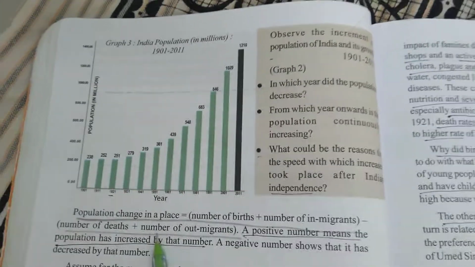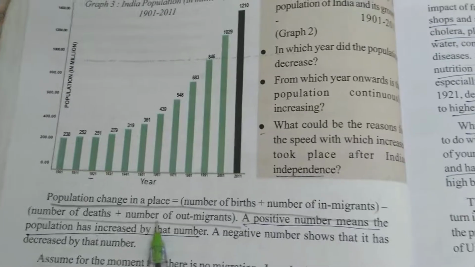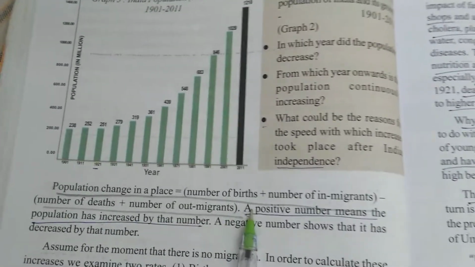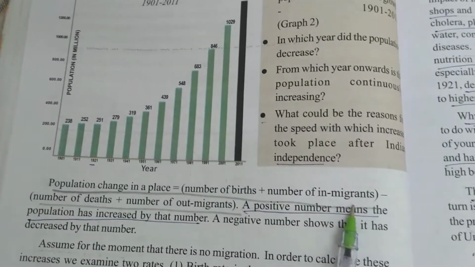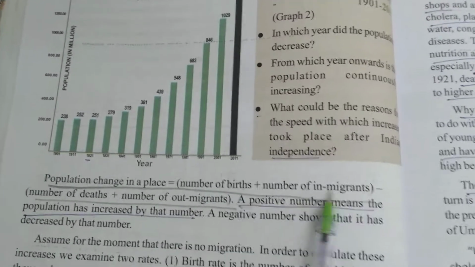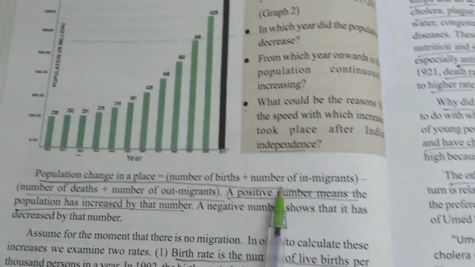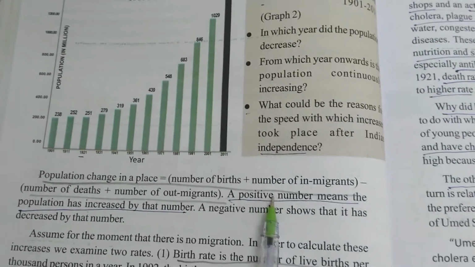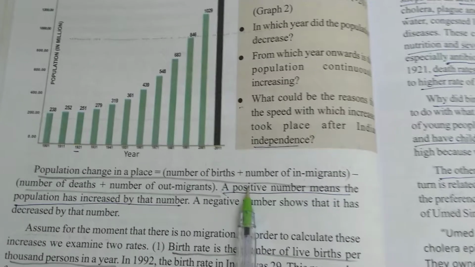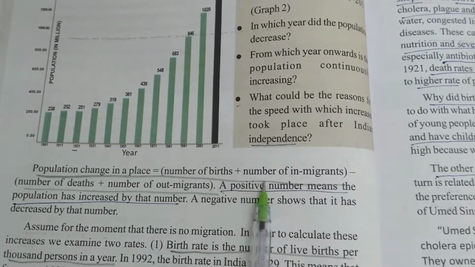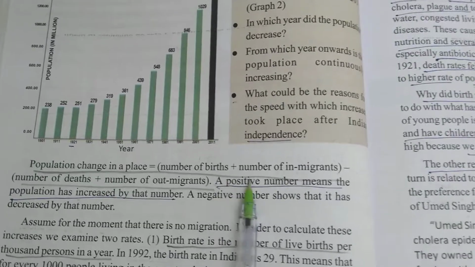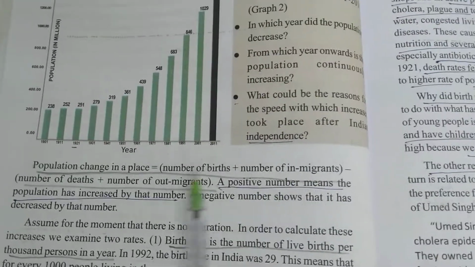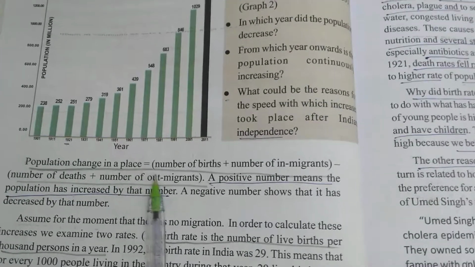Now, population change in a place. How to calculate it? Number of births plus number of immigrants. Immigrants means migration between countries. When people migrate between countries, there is no change in the population size of the world, but if people migrate from one place to another, it affects the population change in a place.